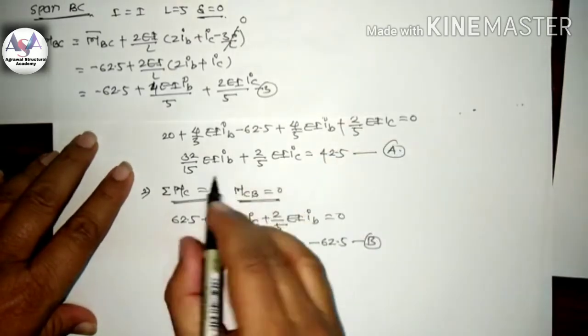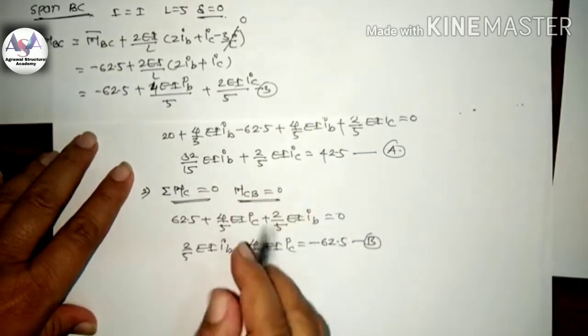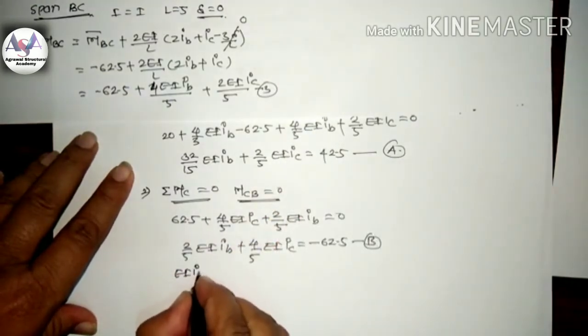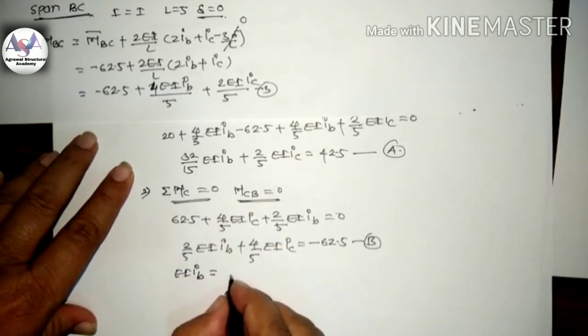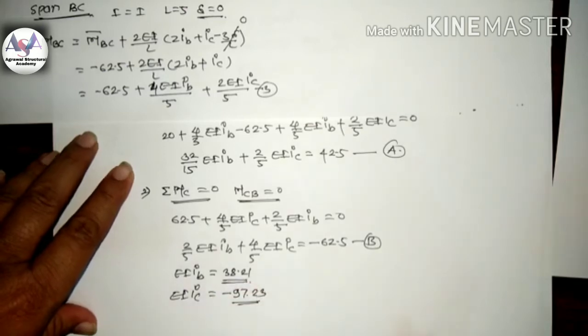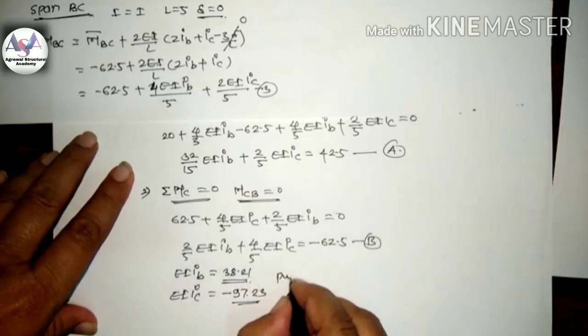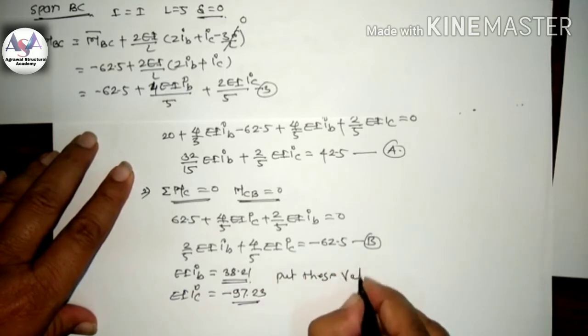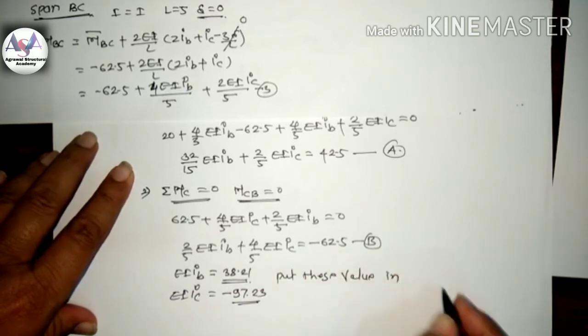So unknowns are 2, equations are 2. So if you put it in the calculator, EIθB is equal to 38.21 and EIθC is equal to minus 97.23. Now put these values in the slope deflection equations.